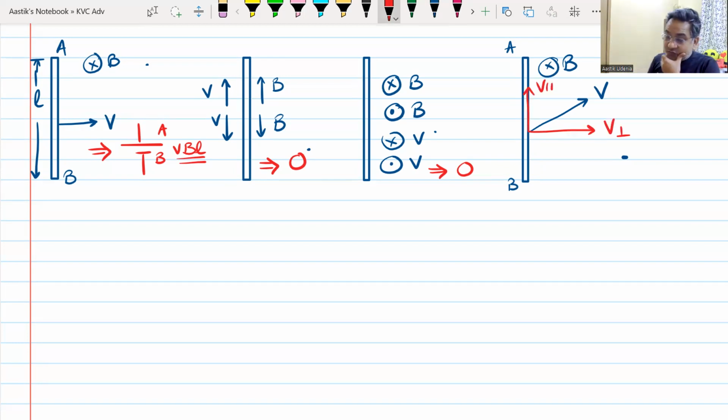Which component of velocity will create this EMF and which component will not? Tell me. What will be the value of the induced EMF across this rod, and which terminal would be positive and which terminal would be negative?